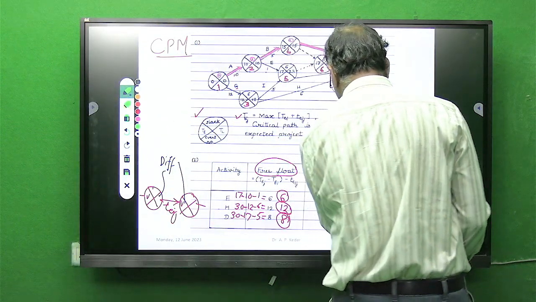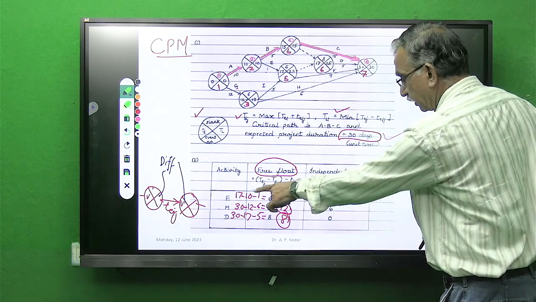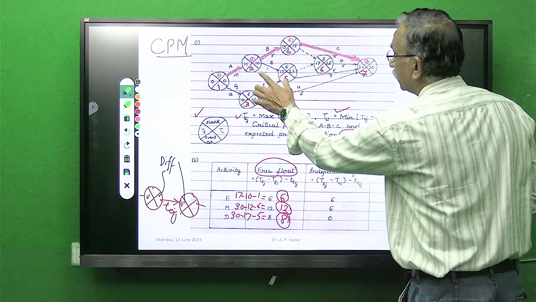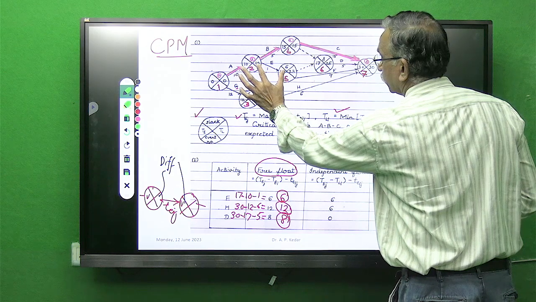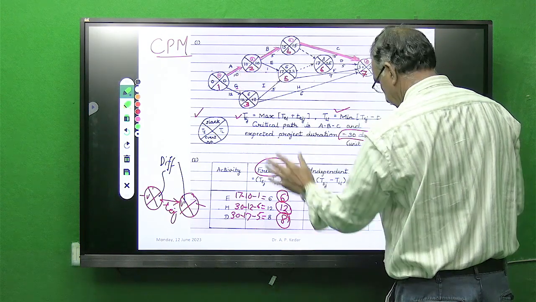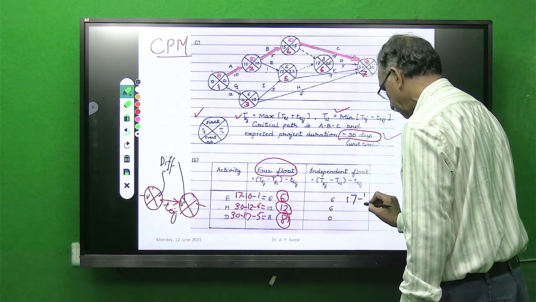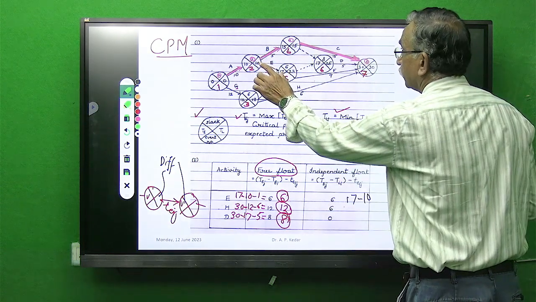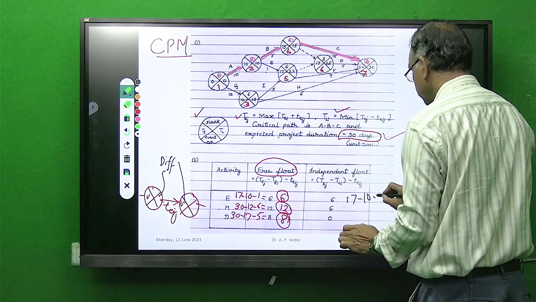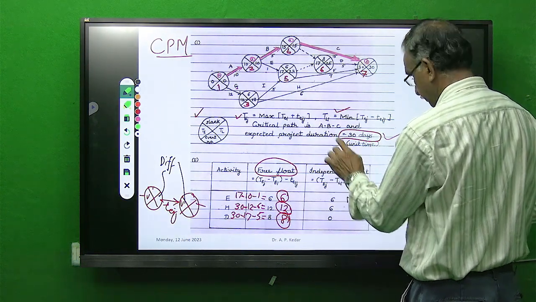This is the technical formula which we have derived. So again for E, first corner, second corner, 17 minus 10, and the gap is minus 1. So it comes to 6 ultimately.